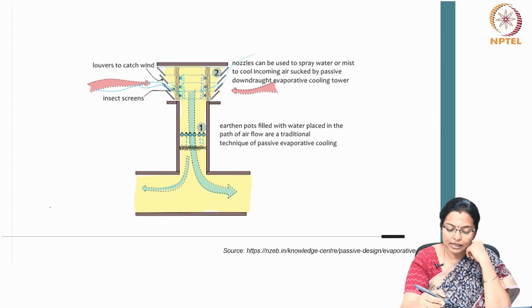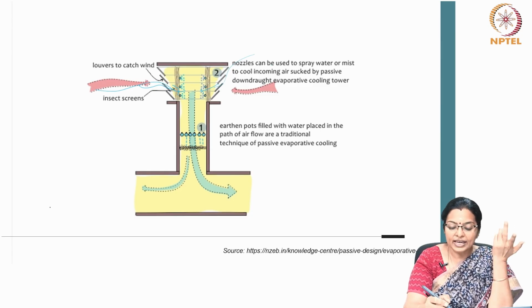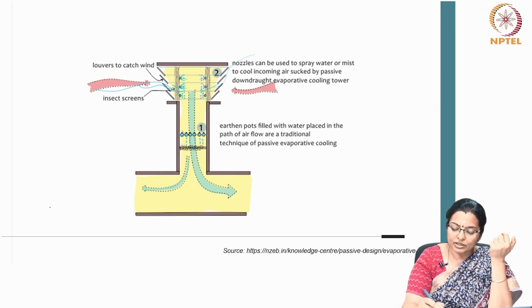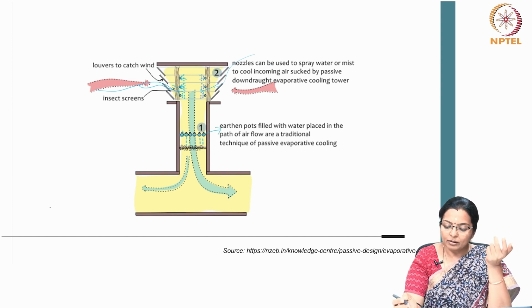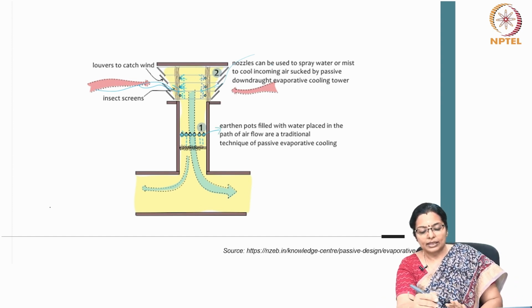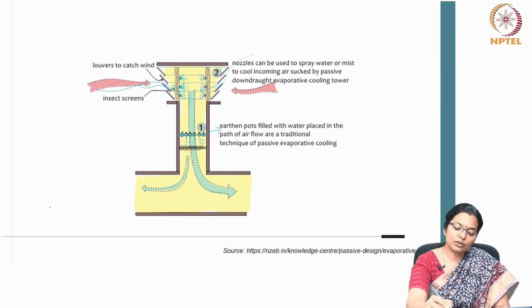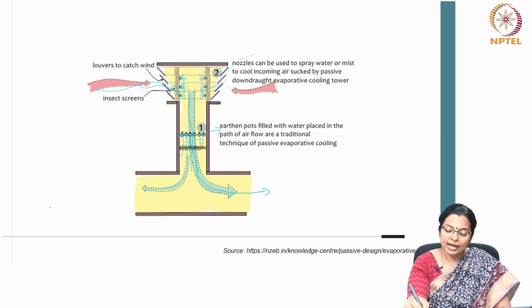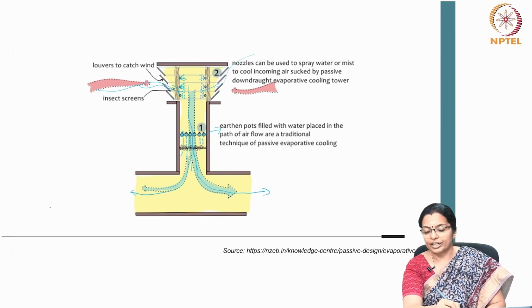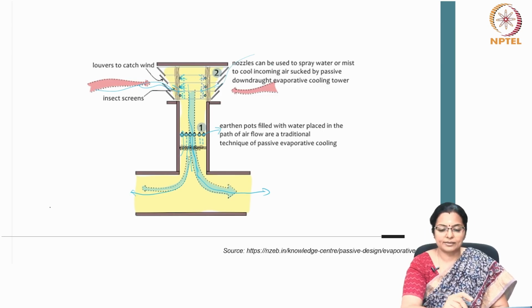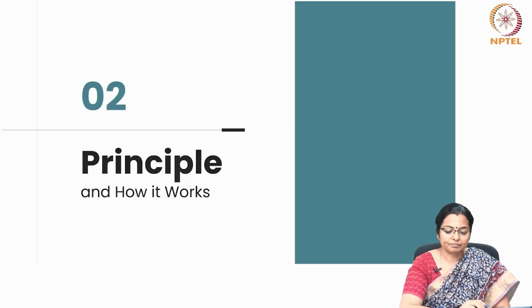So this comes, and then there are various ways of cooling the air, either with mist or with earthen pots. The earthen pots filled with water are placed in the path of the breeze, which gets humidified and in that process cooled, and this is diverted into the habitable space in a wind tower.